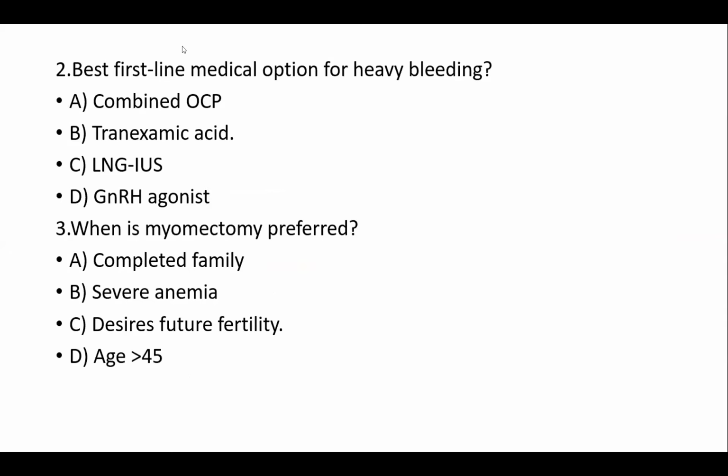The best first line medical option for heavy bleeding would be tranexamic acid. In the same question, if there is no mention of fibroid, and the patient has just come with heavy bleeding, then the best first line medical option would be tranexamic acid.